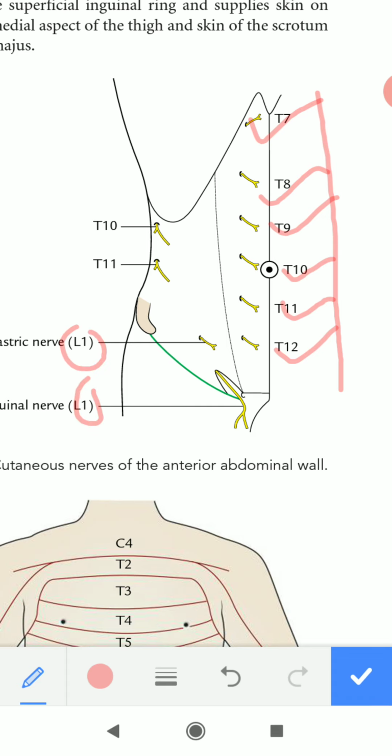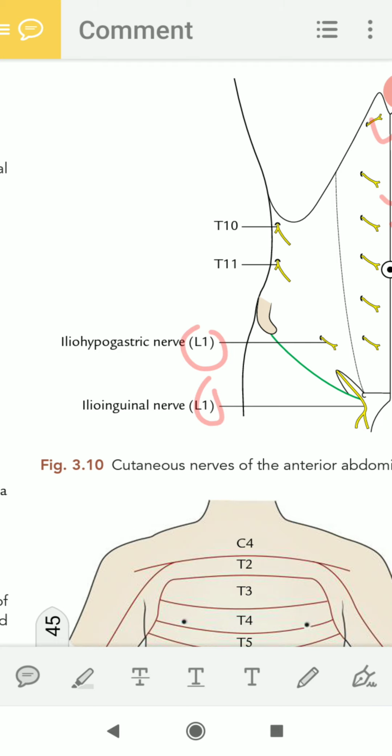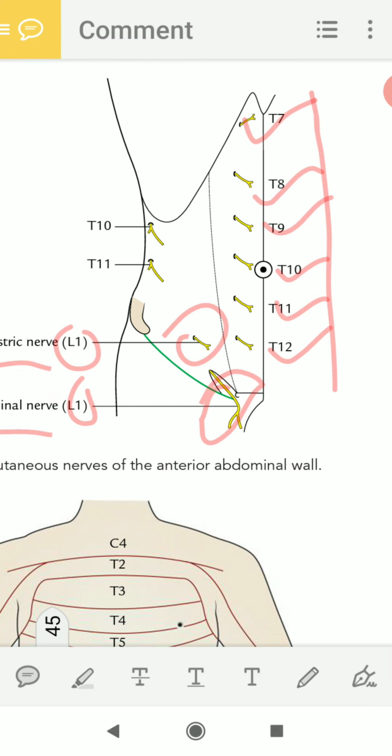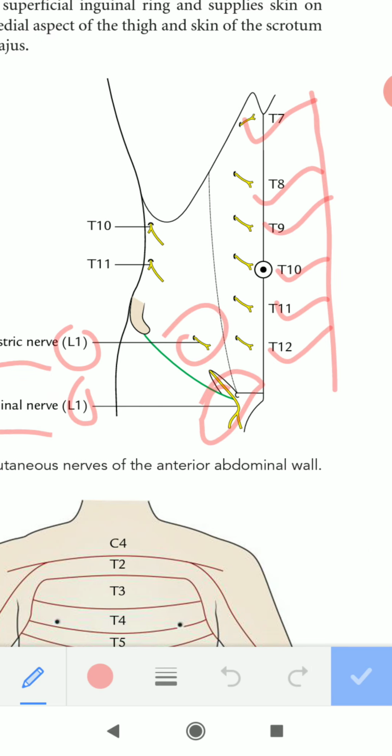So that is the iliohypogastric nerve and ilioinguinal nerve. Among them, the lower 5, that means T7 to T11, are known as the intercostal nerves. T12 is called the subcostal nerve.